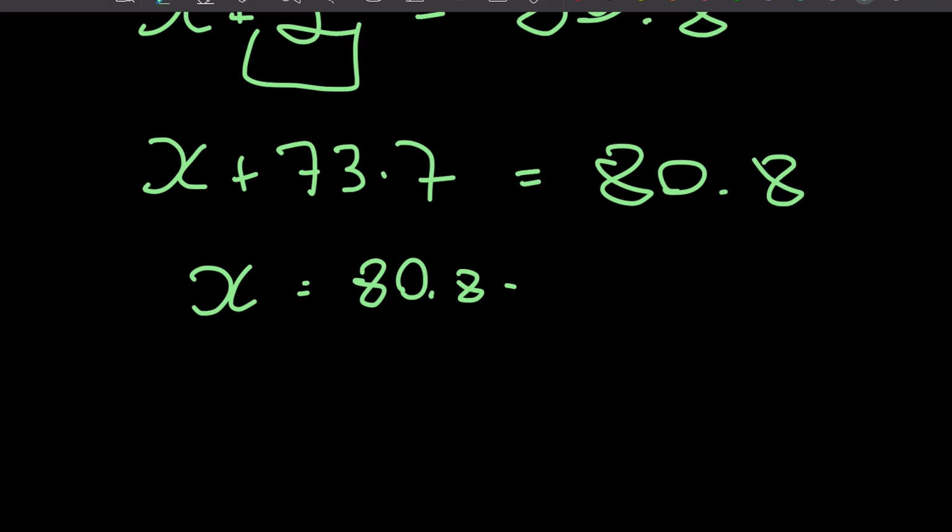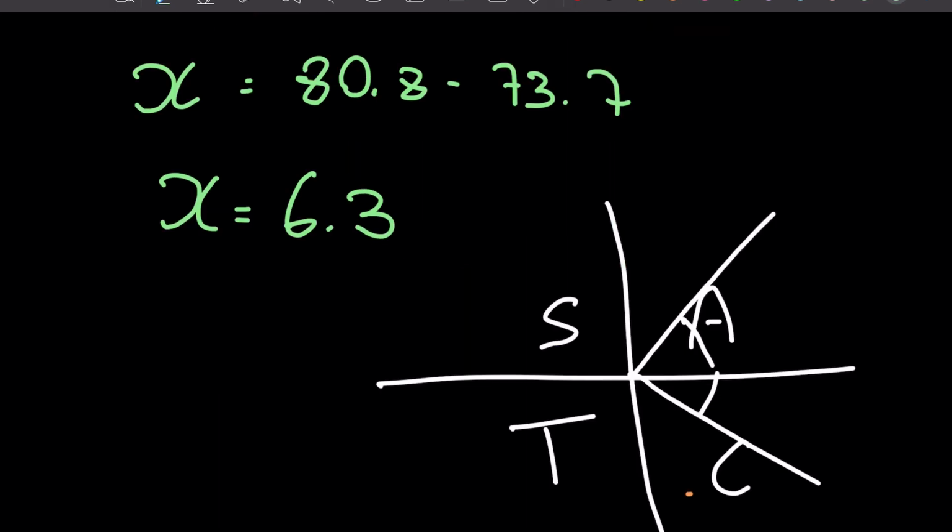Now to solve for x, we have x is equal to 80.8 minus 73.7. So you put that into your calculator, or you could do it mentally if you're good like that. x is equal to 6.3. Okay, and remember that whenever we're doing something like this, we always have to do our little CAST diagram.